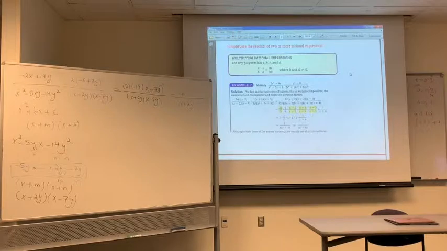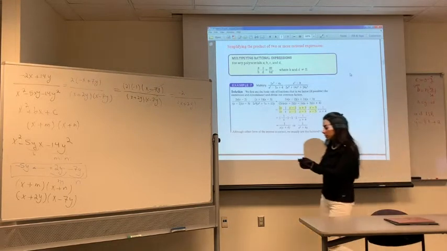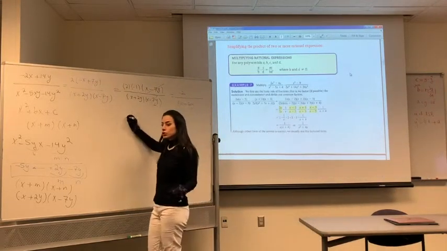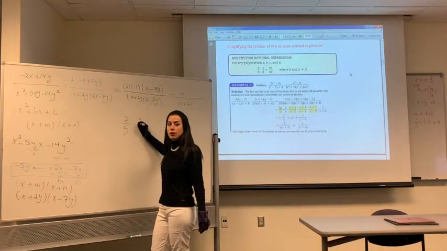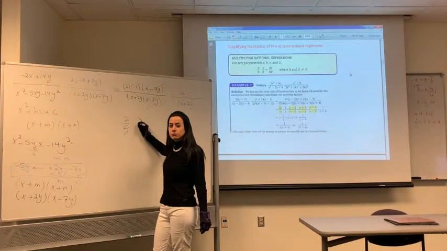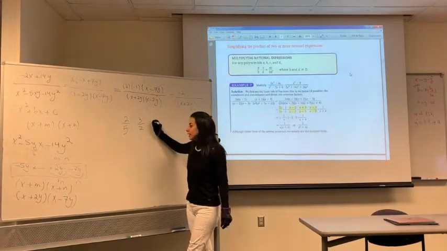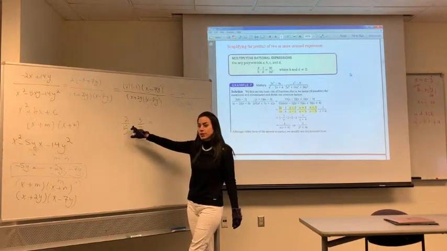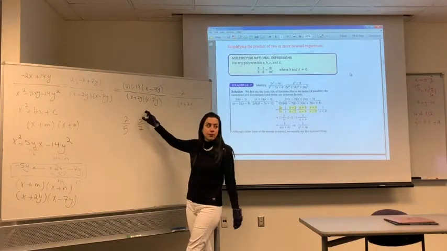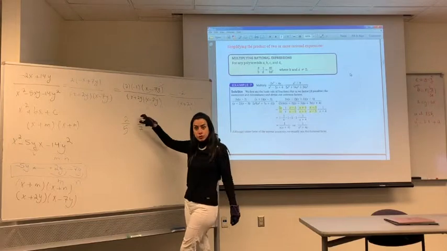It says simplifying the product of two or more rational expressions. If we have, look at this, 2 over 5 multiplies 3 over 7, for example, because this is a multiplication, we can put the numerators together.